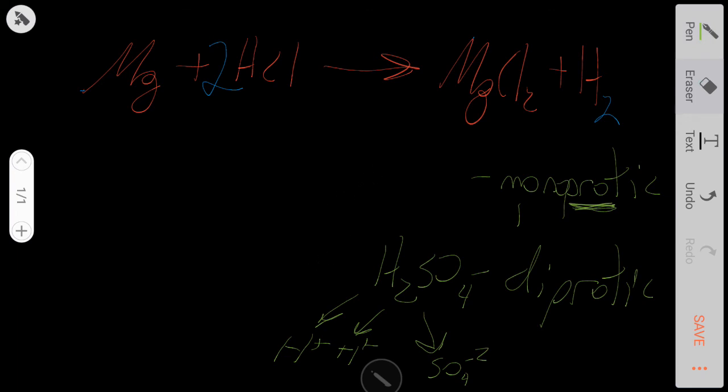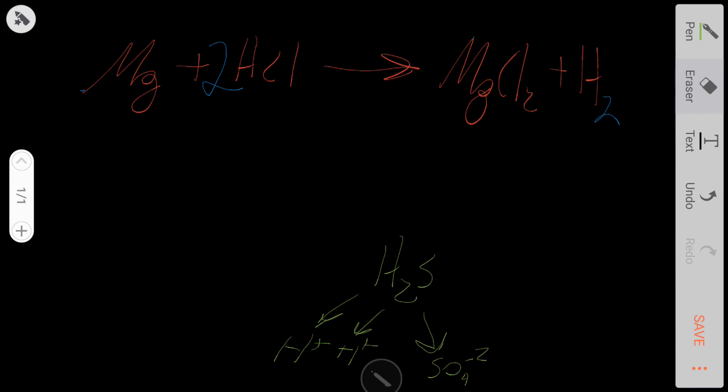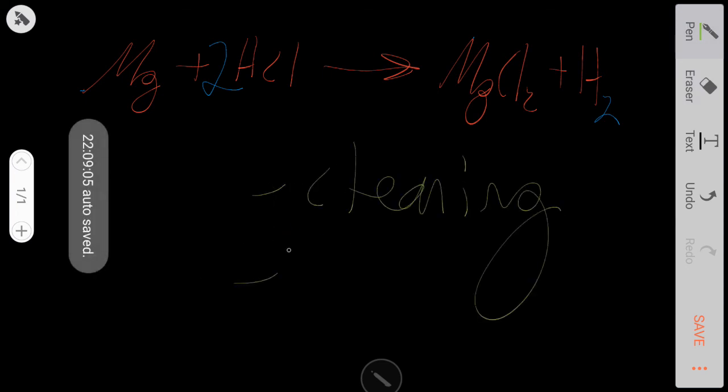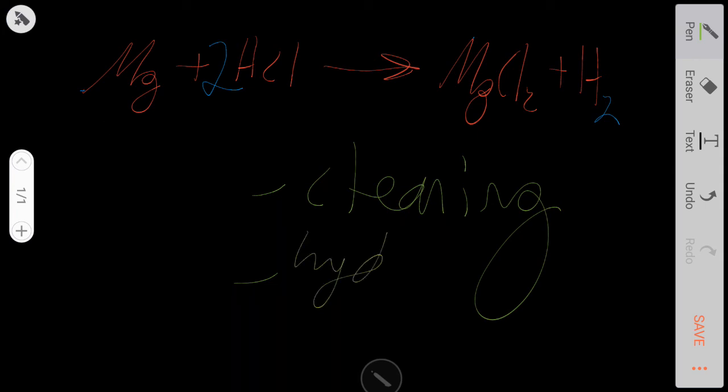So there you go. Characteristics of acids that you should know are that they're used for cleaning. They make hydronium ions. They taste sour. They have a sour taste to them.